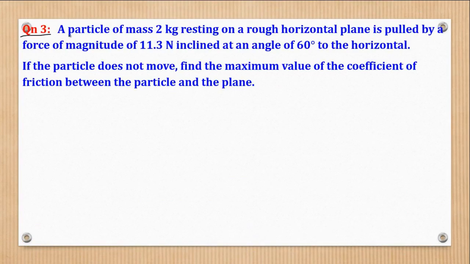Then question 3, a particle of mass 2 kilograms resting on a rough horizontal plane is pulled by a force of magnitude 11.3 Newton, inclined at an angle of 60 degrees to the horizontal. If the particle does not move, find the maximum value of the coefficient of friction between the particle and the plane.